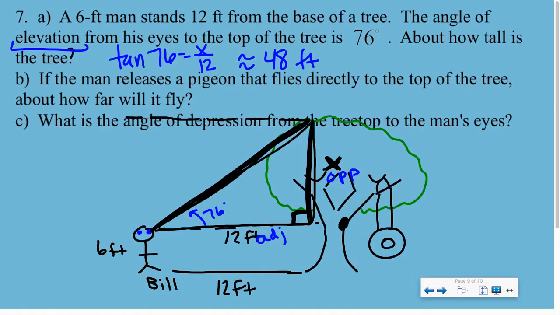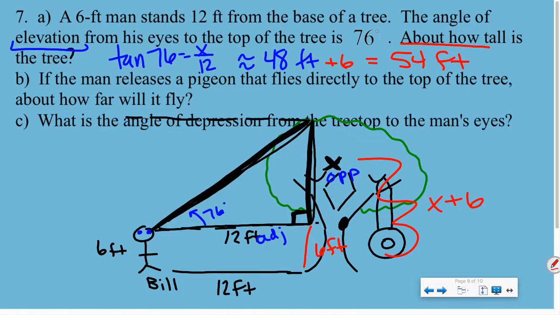No, because the angle is starting above ground level. We have to take into account this 6 feet. So if I want to find the entire tree, we're going to have to add 6 to whatever we had gotten for x. That'd be 54, right guys? Yes. All right, so our tree is about 54 feet in height. If the angle does not start at ground level, then you're going to have to add that in.